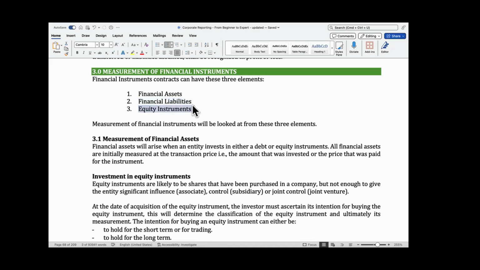Then there is equity instruments. I'm not sure I mentioned this because the standard didn't really touch on measurement of equity, because this one is country based. Each country has different basis for measuring equity. In Nigeria, equity here is just share capital, and your share capital is measured at nominal value. It's always a nominal value. So if you now issued your shares above the nominal value, the excess will go to share premium.